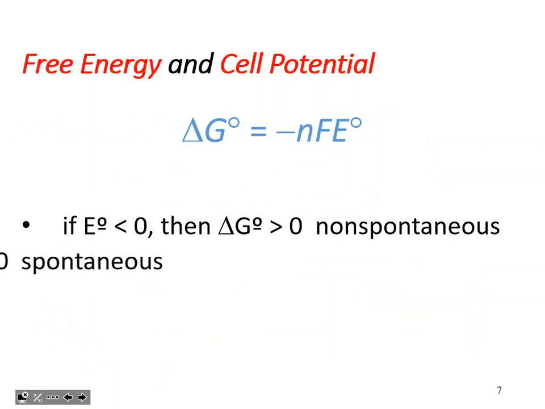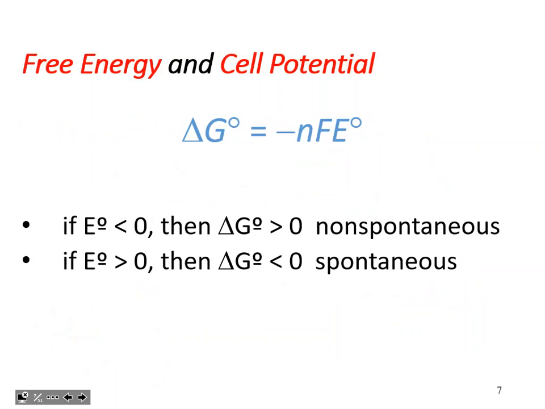One thing to remember too is the relationship between delta G and the cell potential. If E cell is less than 0, or negative, then delta G is positive, and this is thermodynamically unfavored. Sometimes, and in general, you could say per mole of reaction, because that usually works.